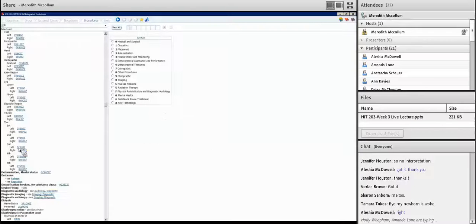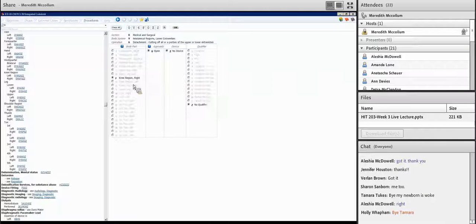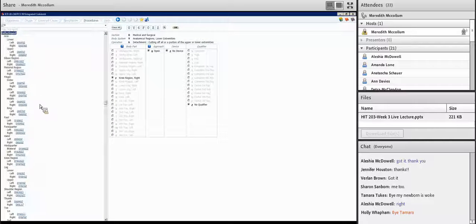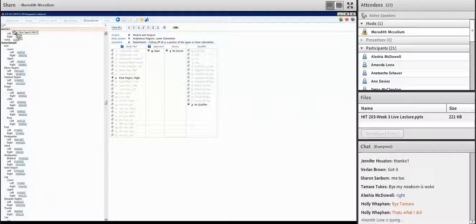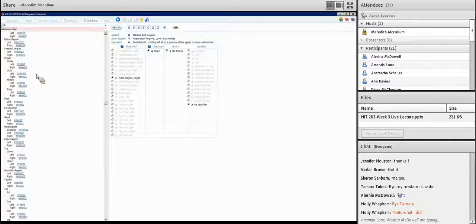So we have the knee region right, but see, if you just do this, it gives you the wrong code because it says no qualifier. It doesn't even give you the option. So let's do detachment. And it may not even allow me to do it.